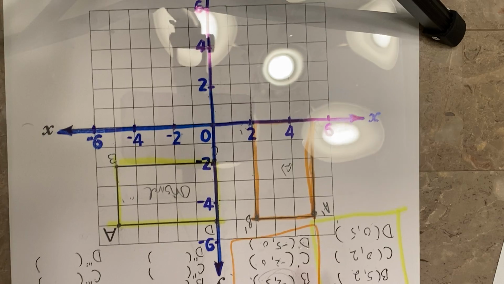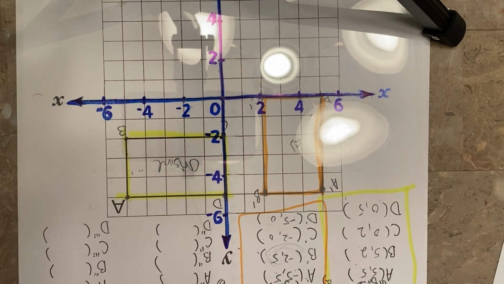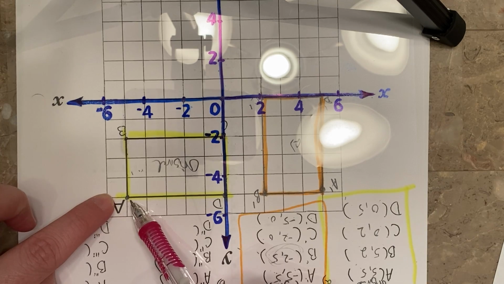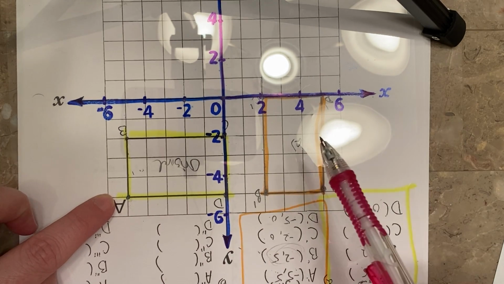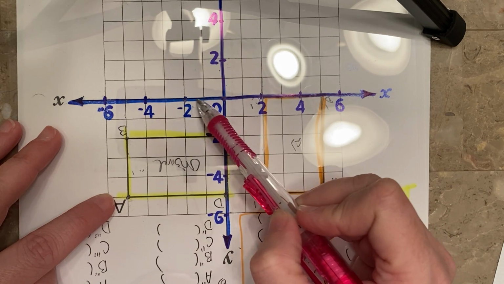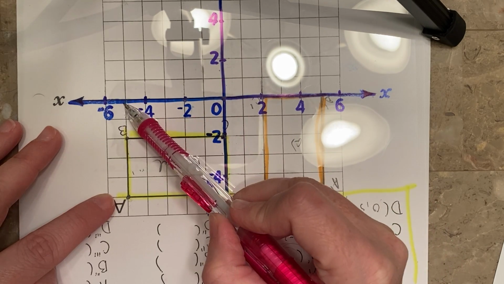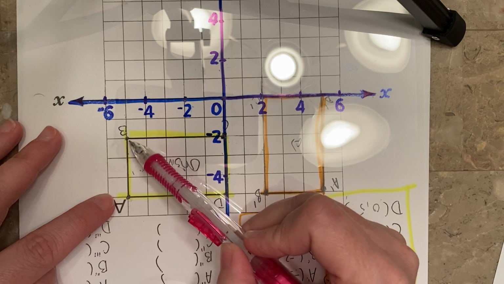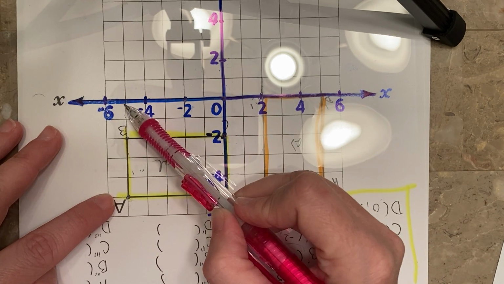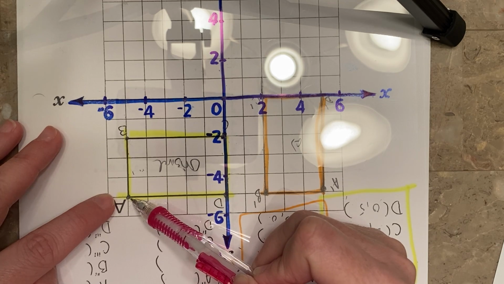And again, this has helped me come up with the coordinates when I rotate something 180. So now I go back to the original A, which is now a double prime. Okay, so it's 1, 2, 3, 4, 5 to the left, so it's negative 5. 1, 2, 3, 4, 5 down, that's also negative 5. So this is negative 5, negative 5.